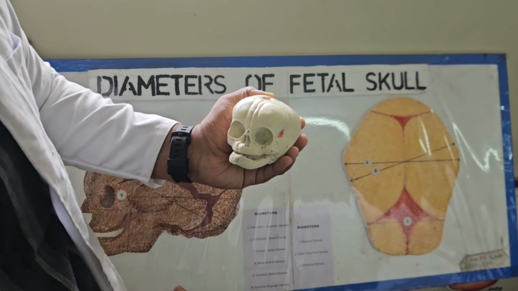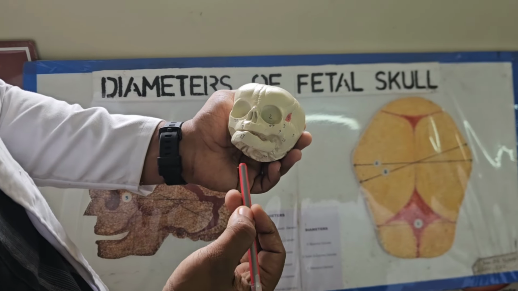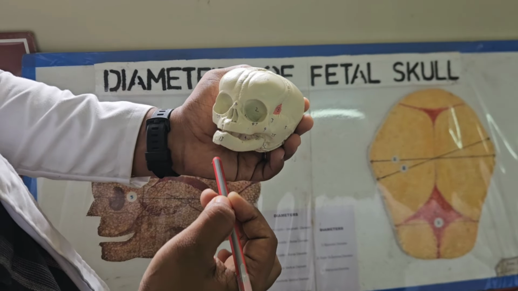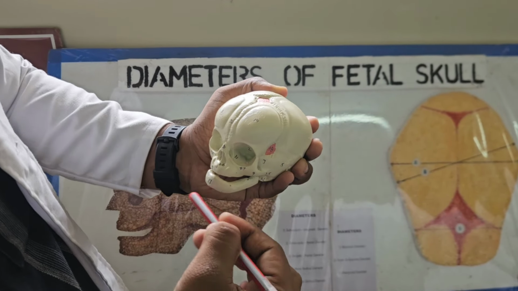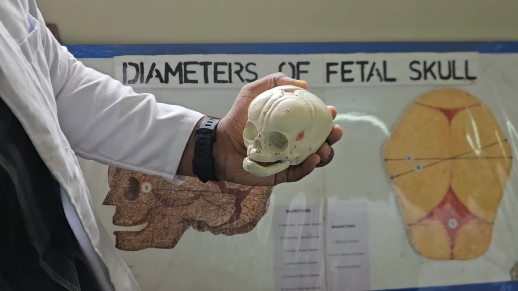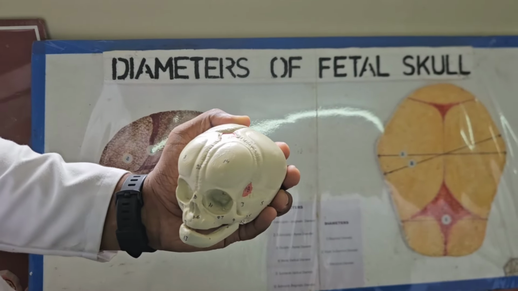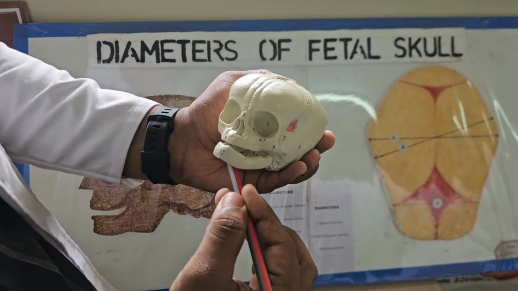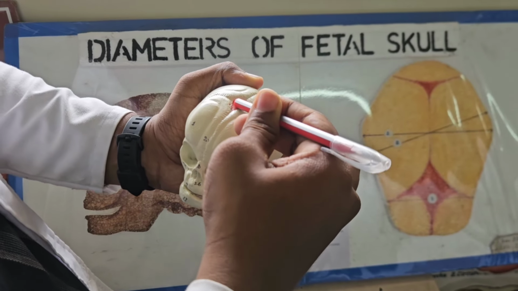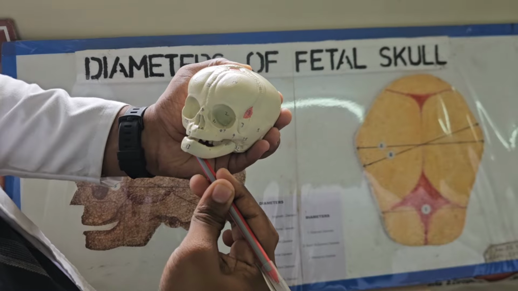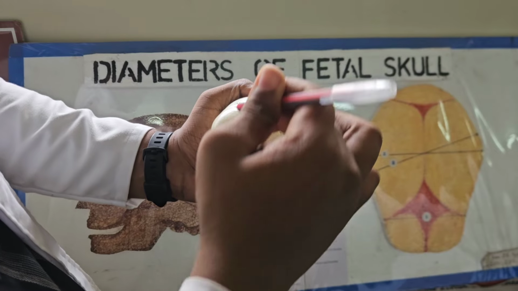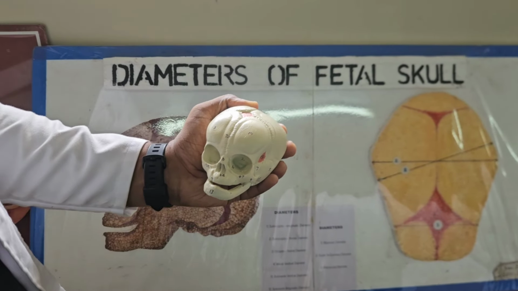Next is submento-vertical, that is submentum to the highest point of the sagittal suture. It is 11.5 centimeter. Next is submento-bregmatic, from under the mentum to the center of the bregma. It is 9.5 centimeter.